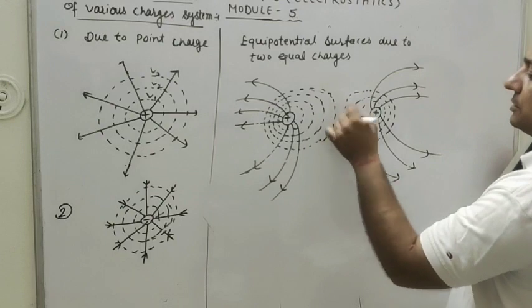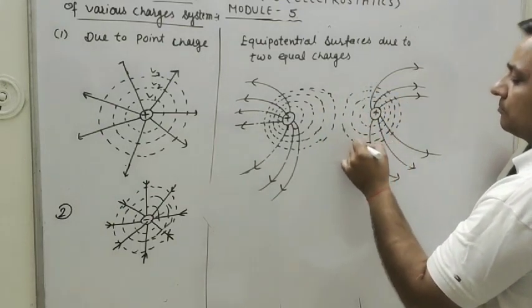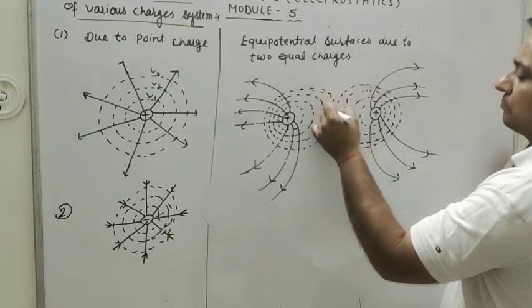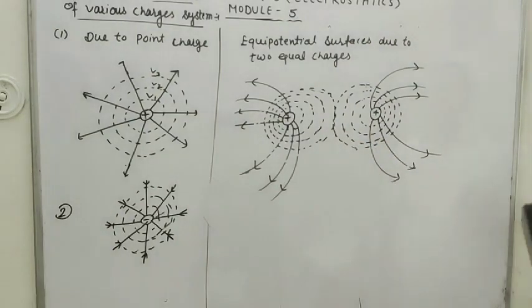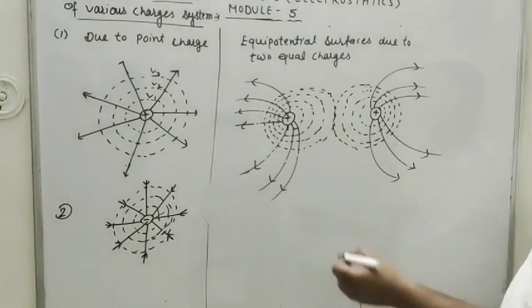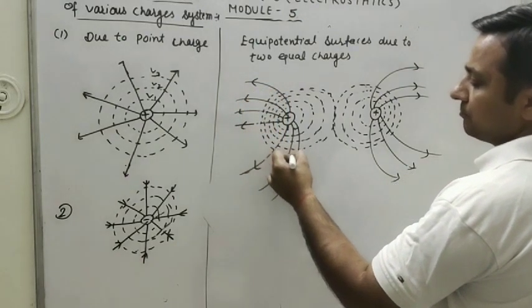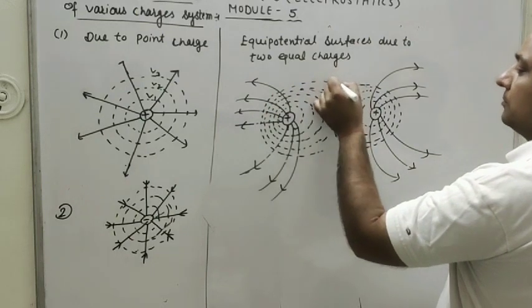At a large distance, strong region, weak region. Also strong region, weak region.